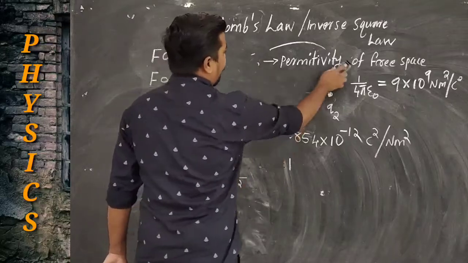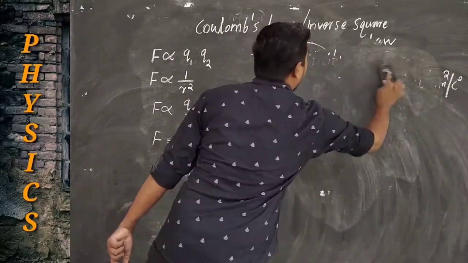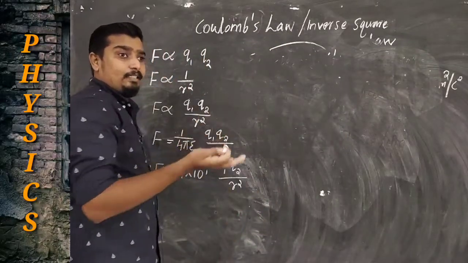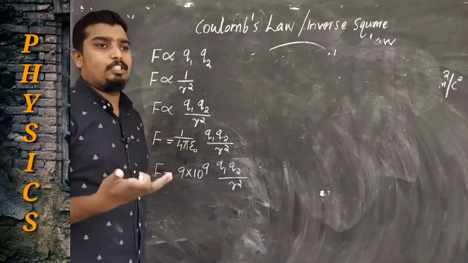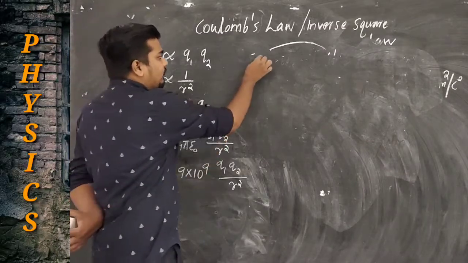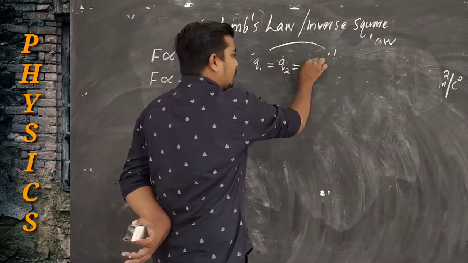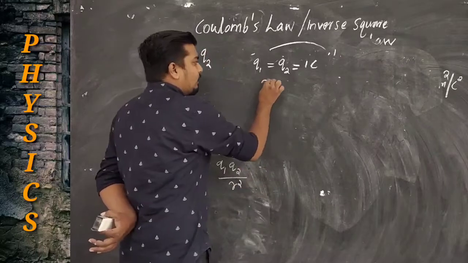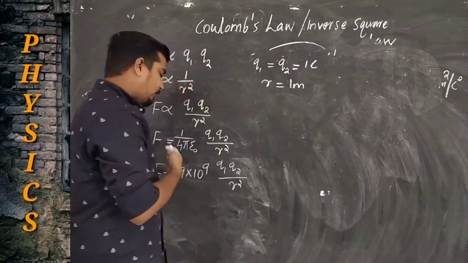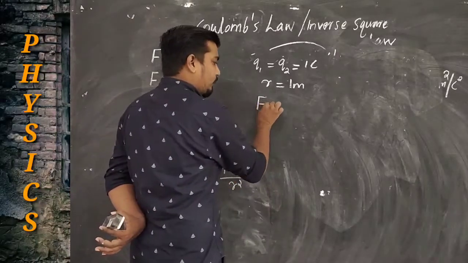If Q1 and Q2 are 1 coulomb each, and the separation between these two stationary charges is 1 meter, that is Q1 equal to Q2 equal to 1 coulomb and R equal to 1 meter, then what is the force?